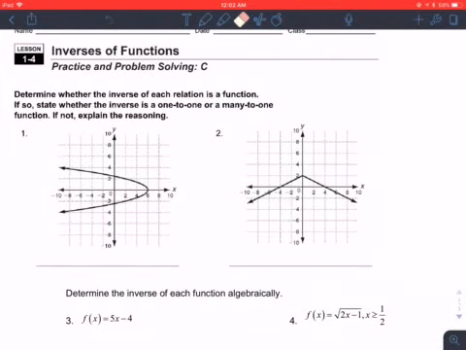In these first two examples, we're trying to decide whether the inverse is a function. So we're going to check by doing a horizontal line test. I'm going to get my horizontal line. You can use your pencil, whatever it is. I do the horizontal line test, and I notice that it does not cross my horizontal line multiple times.